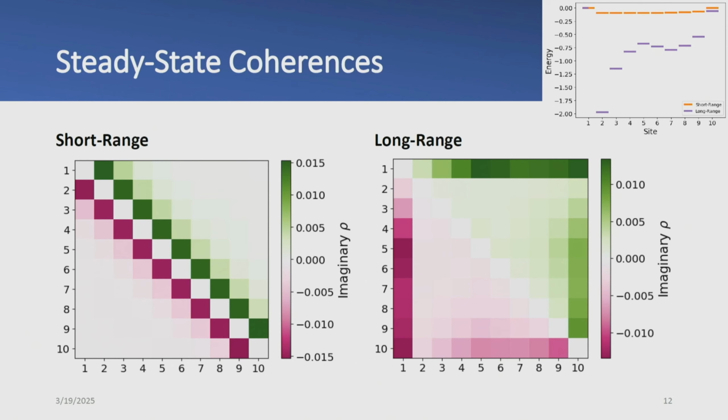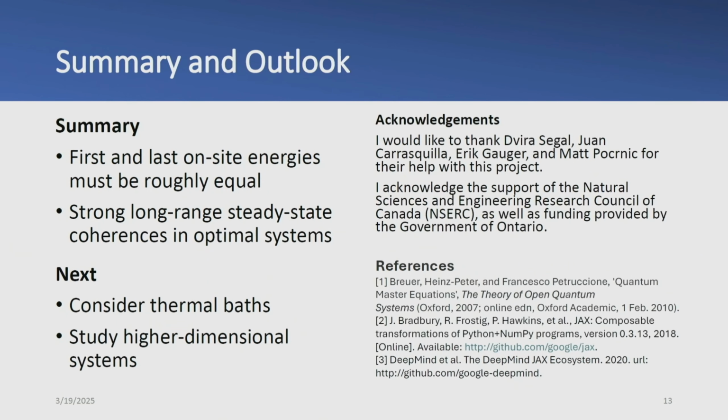So we think that the transport pathway that occurs here is transfer from site 1 to 5, then 5 to 10.